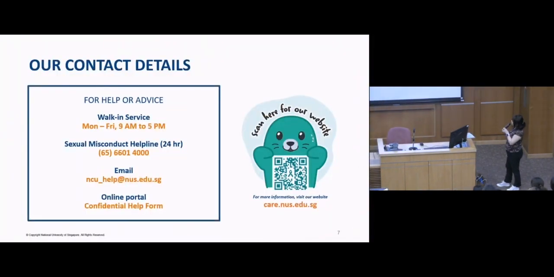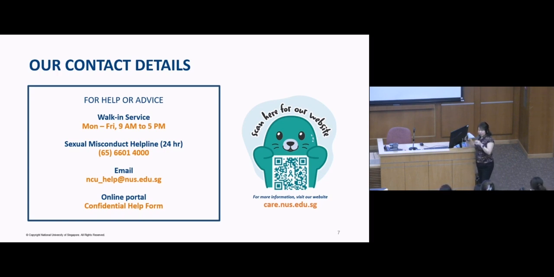These are the ways you can reach out to us. You can take a picture, or go to our website to find out more about us. There is a walk-in service at UHC, University Health Center, a phone call, an email, and a confidential help form. If you're not sure, or you know a friend who is in need, you can just call us or accompany your friend to reach out to us.